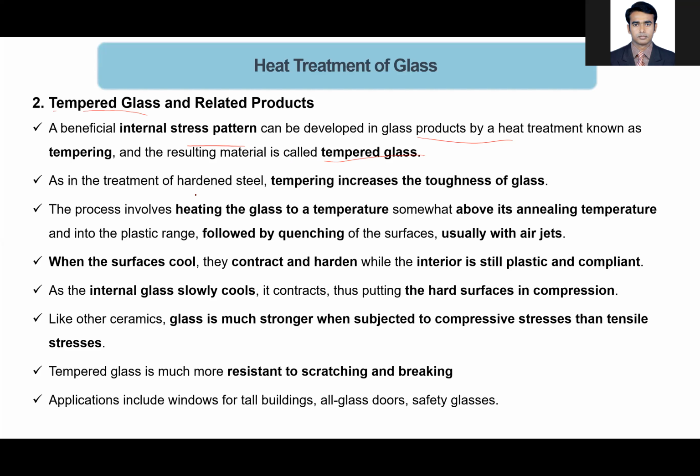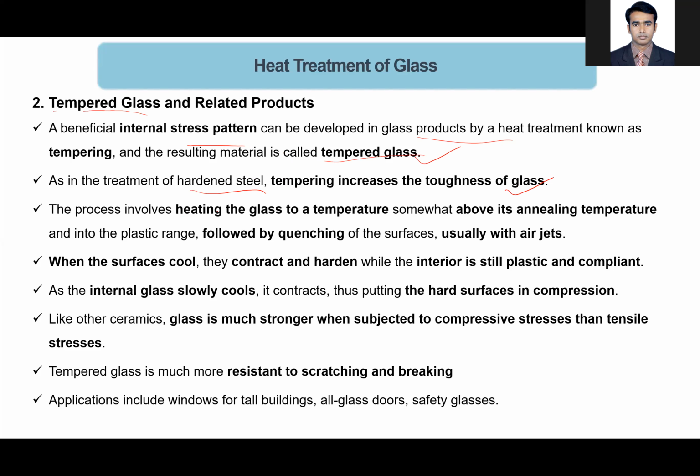As in the treatment of hardened steel, tempering increases the toughness of the glass. This process is almost similar to annealing, except that the cooling is rapid. For the tempering process, cooling is rapid after keeping at high temperature for a certain time.